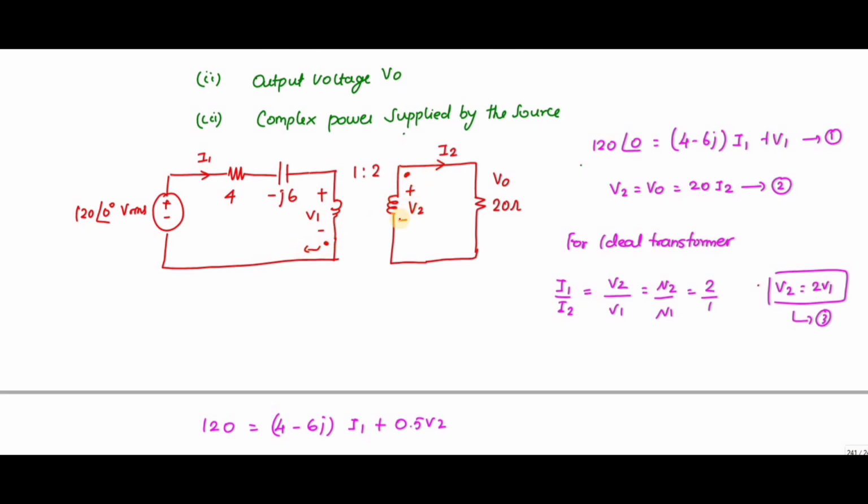Therefore you have to write I1 by I2 is equal to minus 2.